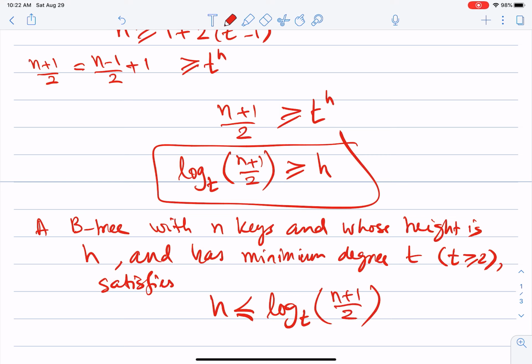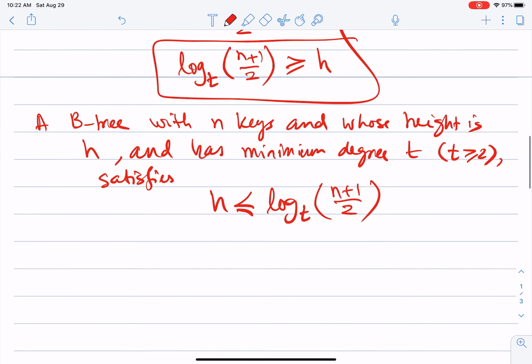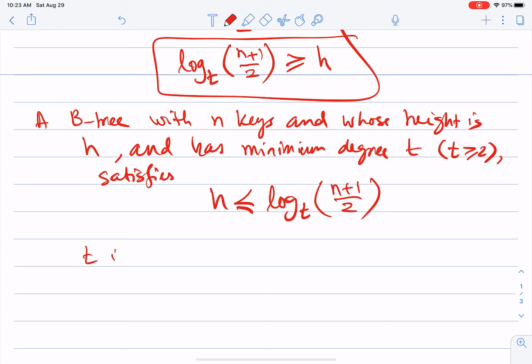Okay? And this is a very important result about B trees, because now if you think about it, the larger t is, the smaller the value of the height, and the smaller the number of disk reads that we have to apply. Of course, if t is very large, this can cause some problems as well. If t is small, let's say like for binary, we talk about a sparse index.